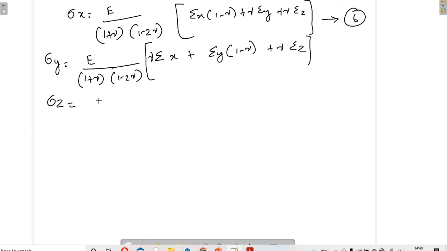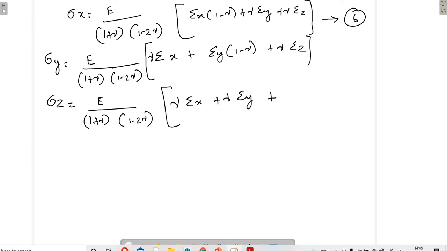For sigma z, similarly we can write E divided by 1 plus nu, 1 minus 2 nu, into nu epsilon x plus nu epsilon y plus epsilon z times 1 minus nu. So this is equation number 7, this is equation number 8.